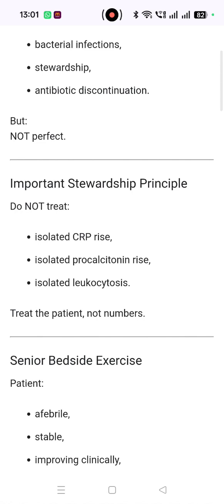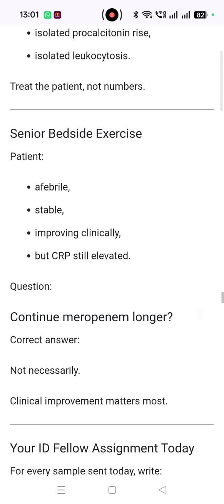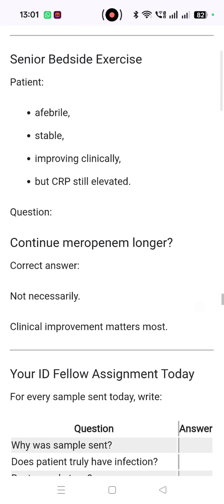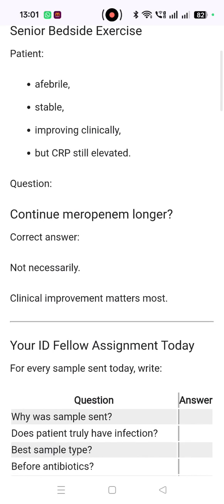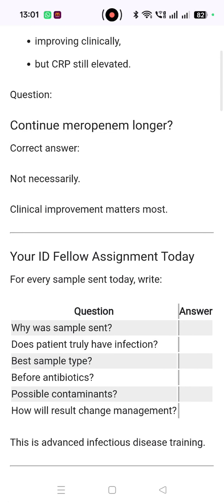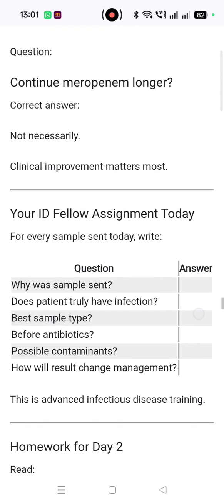So many other things should be there, then only you should go for antibiotics. Now, a senior bedside exercise: if the patient is afebrile, stable, improved clinically, but CRP is still elevated, should we continue meropenem longer? Not necessarily. Clinical improvement matters most.